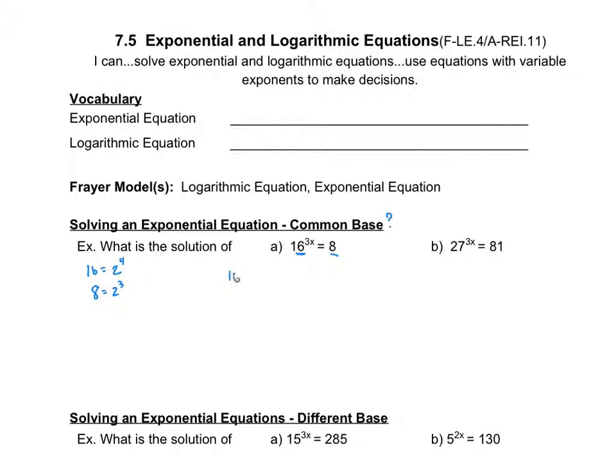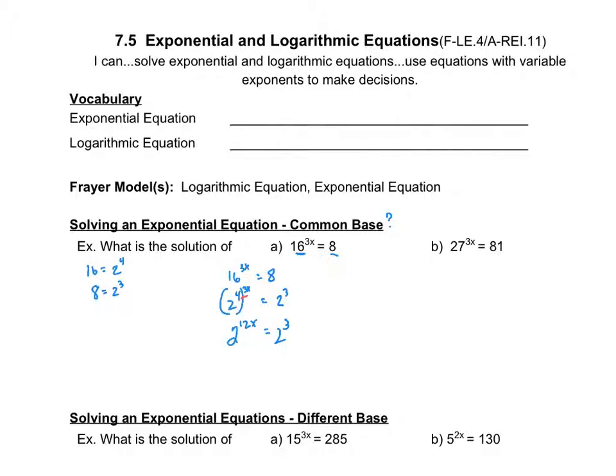So 16 to the 3x equals 8 becomes 2 to the 4th, I substitute in, and then of course I have 2 to the 3rd. I want to simplify here, and I do these exponents as a power raised to a power, so I do multiplication. That is going to be 2 raised to the 12x equals 2 raised to the 3.